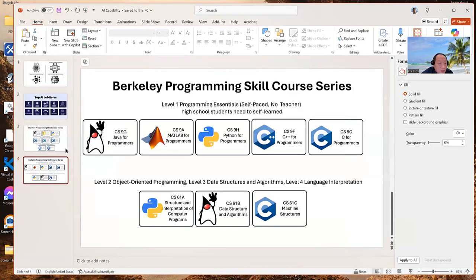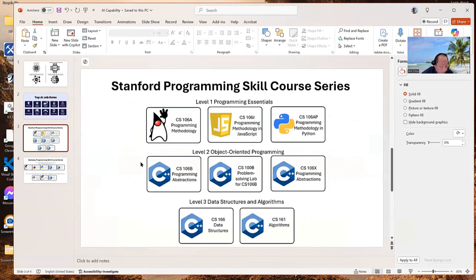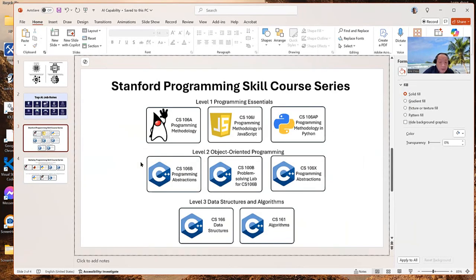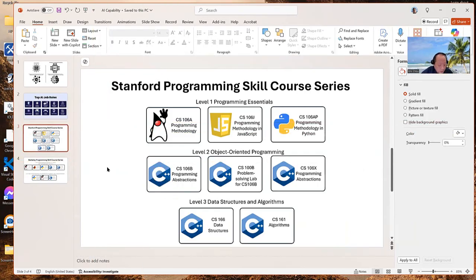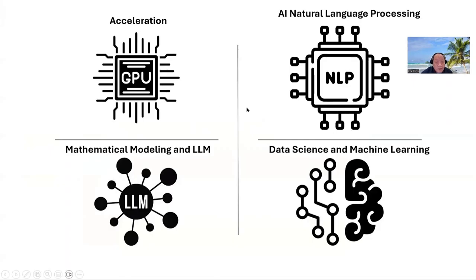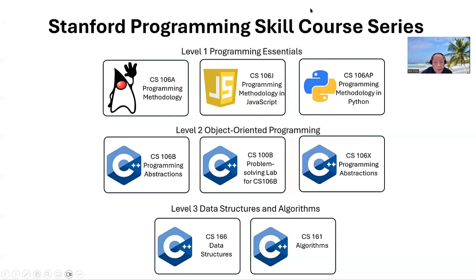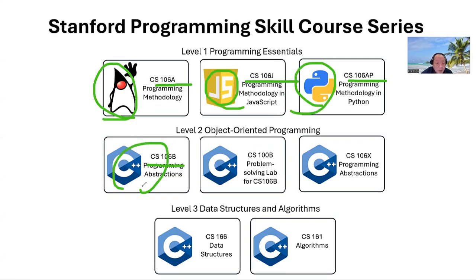Let's look at Stanford. Stanford does provide a lot of different languages. They provide 106A, 106AP, 106J, 106B. These different 106 courses are Java, JavaScript, Python, C++.